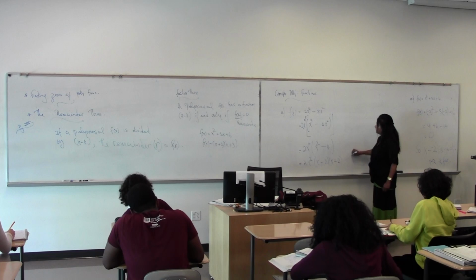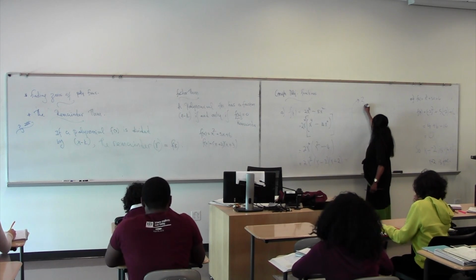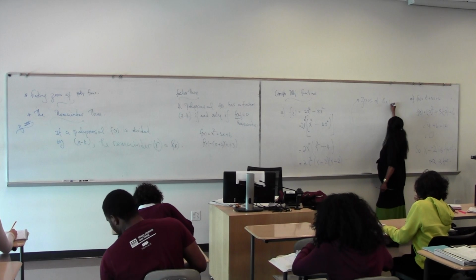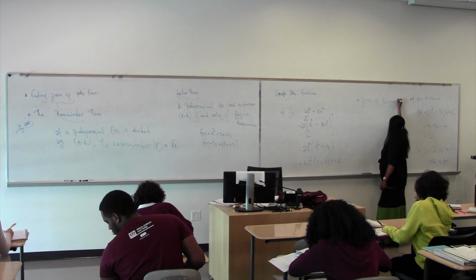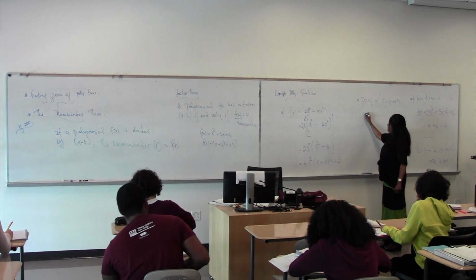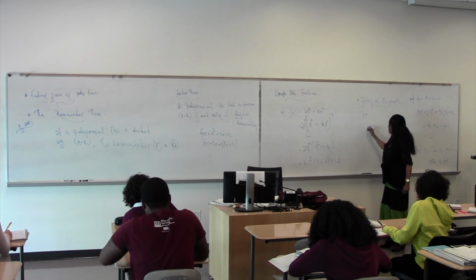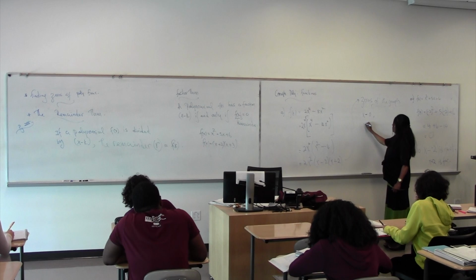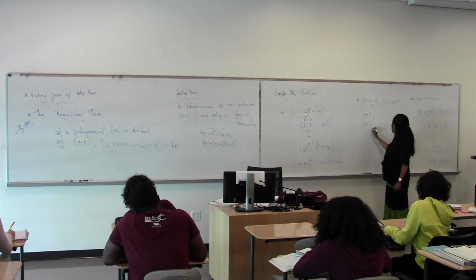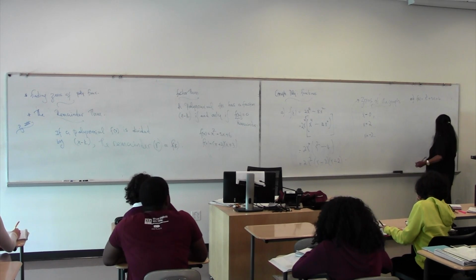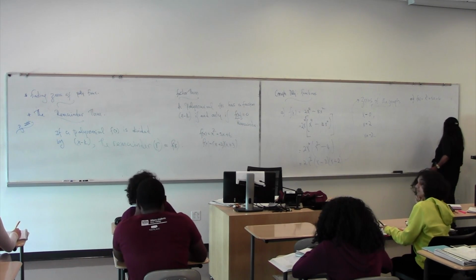So now what are the x-intercepts? First look for the zeros of the graph. x is equal to 0, x equal to 2 and x equal to negative 2. Once we get this, we are basically good to sketch the rest of the graph.